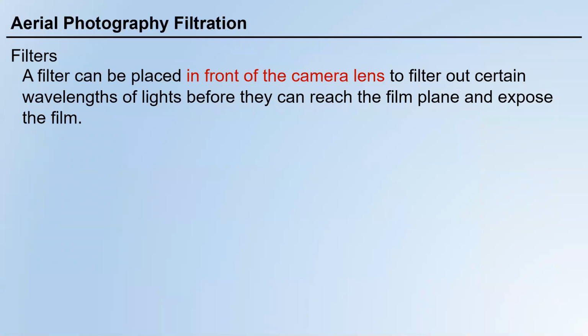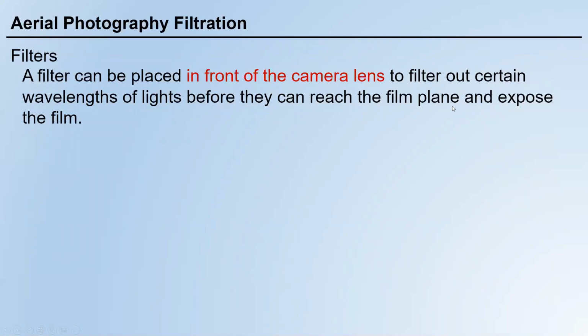Okay, so now we can talk about filters. A filter can be placed in front of the camera lens to filter out certain wavelengths of light. And in the visible light range, different wavelengths indicate different colors, right? This happens before they can reach the film plane and expose the film.